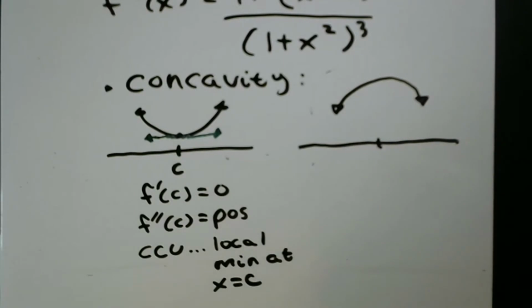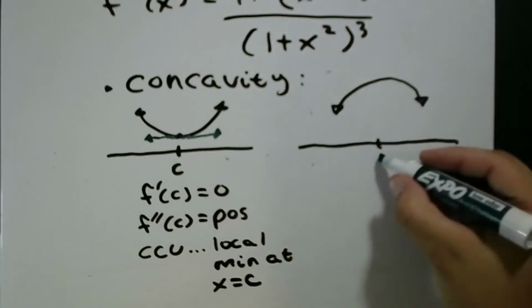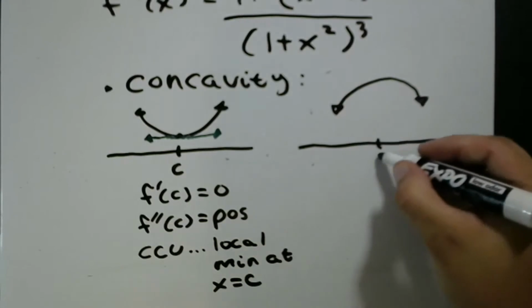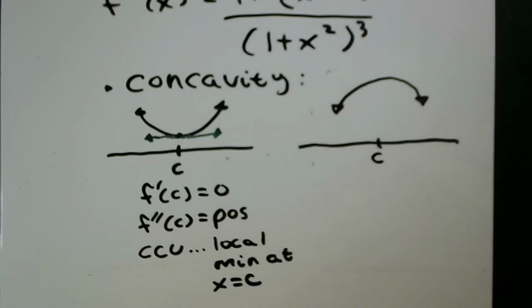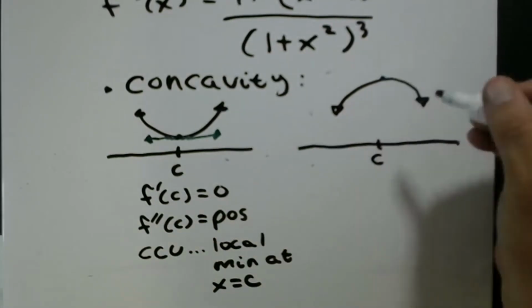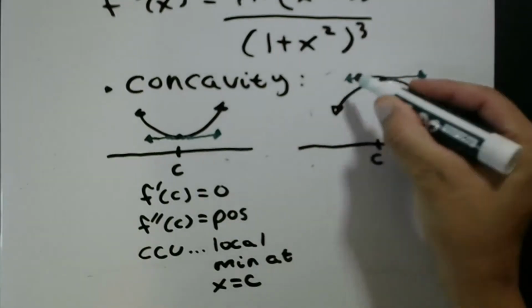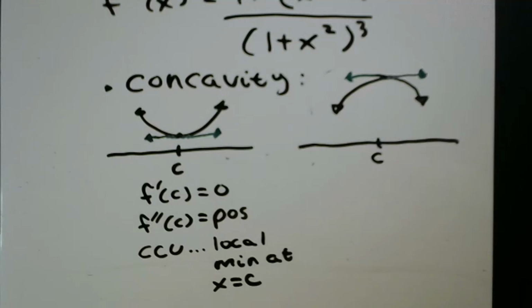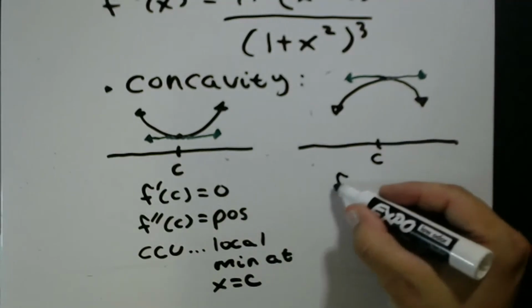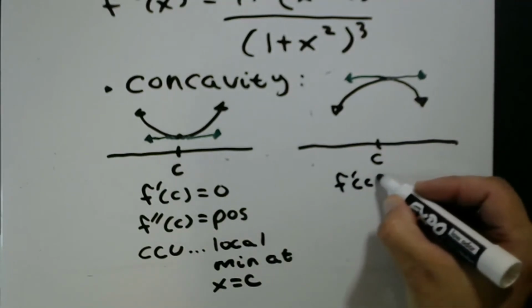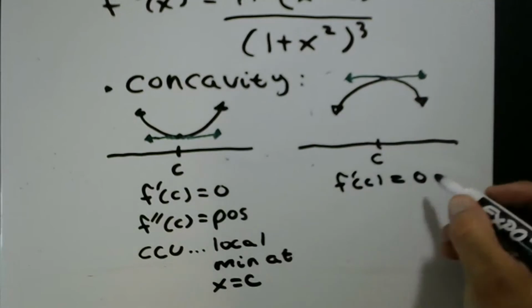Now let's say we have this situation. Again, C is a critical point. So that means f prime of C is equal to 0.